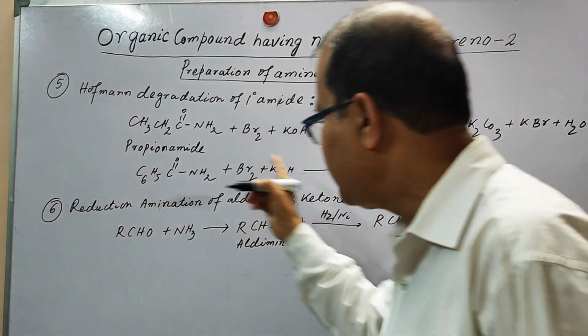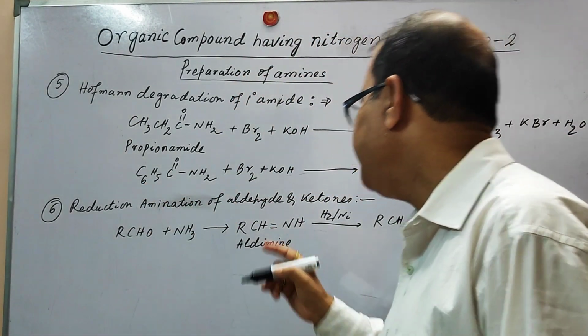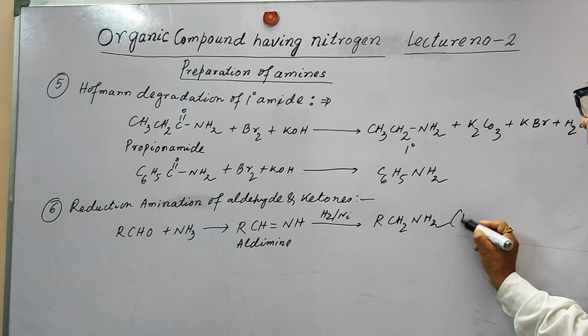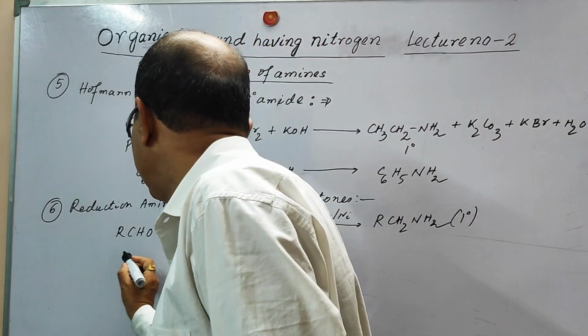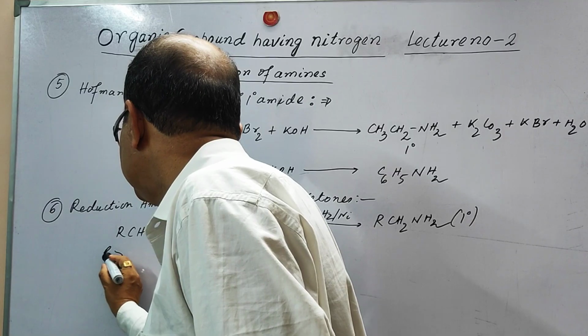Basically, first ammonia will react with the aldehyde, and after that there is a reduction and it is going to produce the 1 degree amine. In the same way, from the ketones also you are able to produce this.